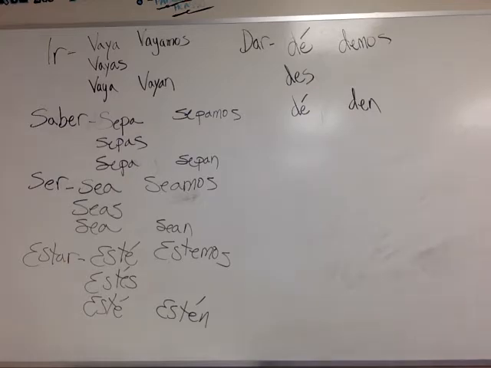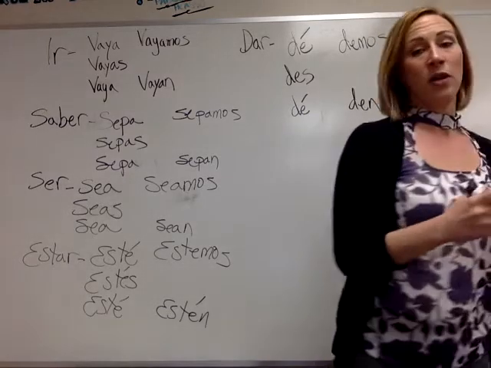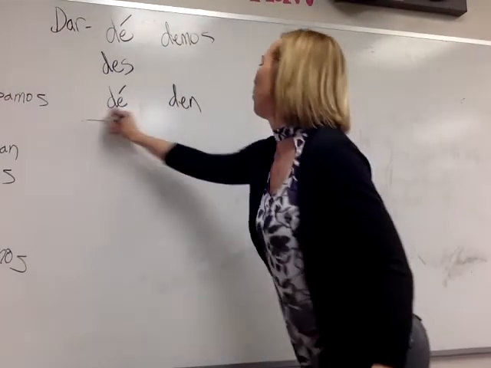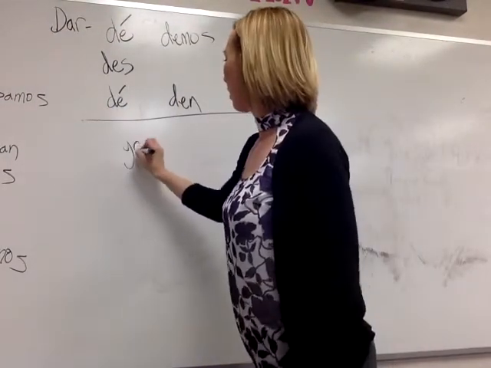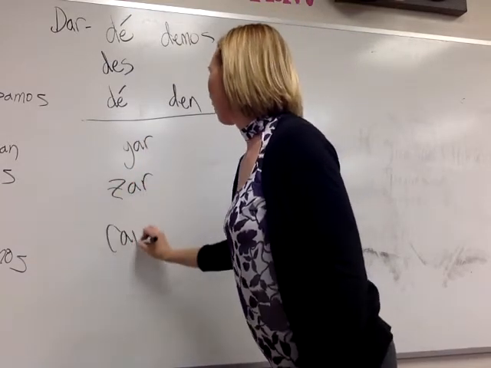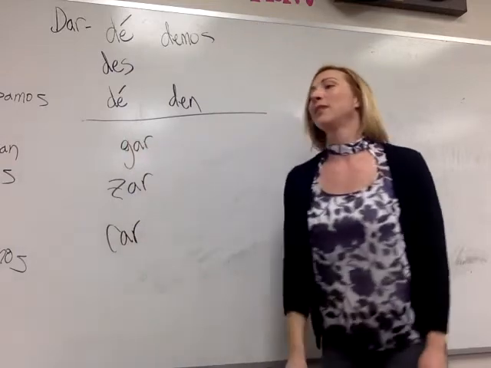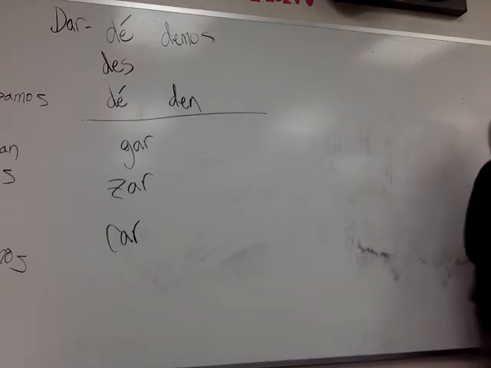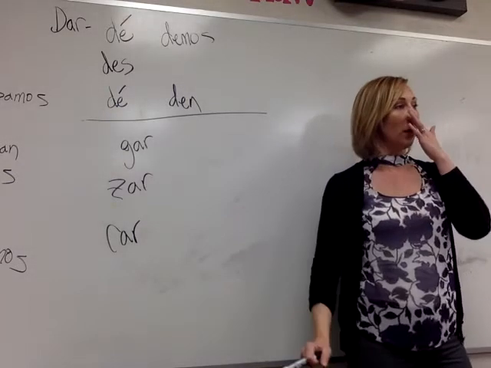All right, so we also ran into an issue with verbs that end in gar, zar, and car, right? And the reason we ran into that issue is because you're now making where there was an AR sound, there's an E, and they don't flow with those letters that come before it, all right?